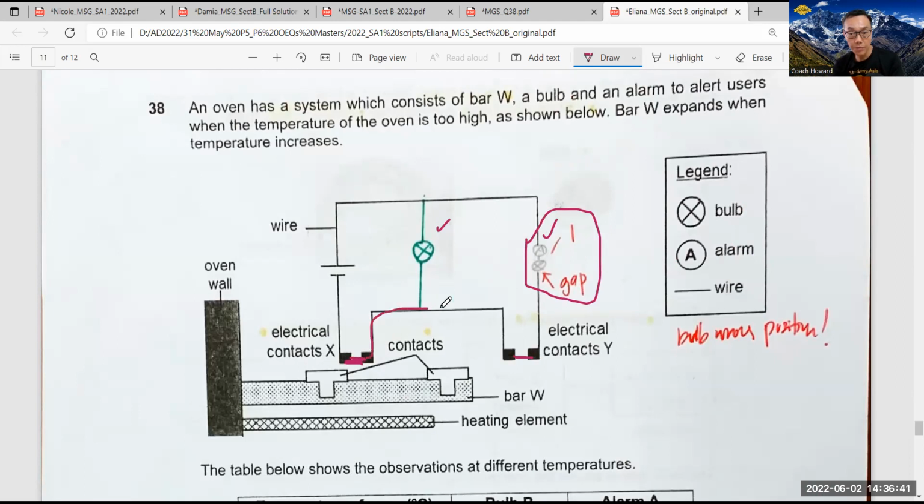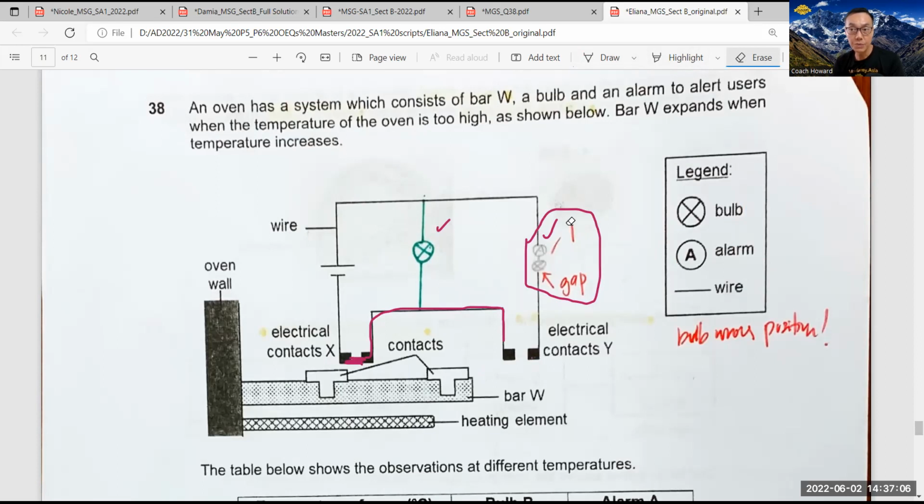So electricity will flow through here, but because this is still open, because you notice the distance here to form this close contact is further than here. So in other words, assuming that this is not being closed, both the bulb and the alarm will not be turned on.